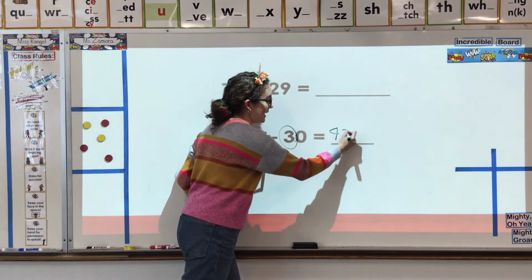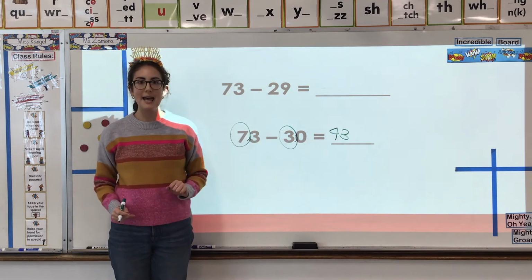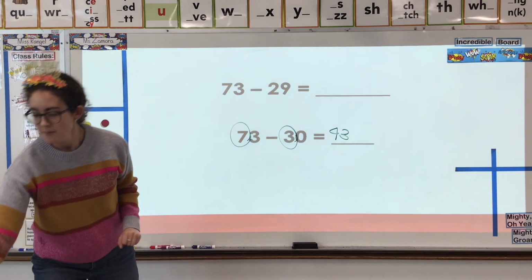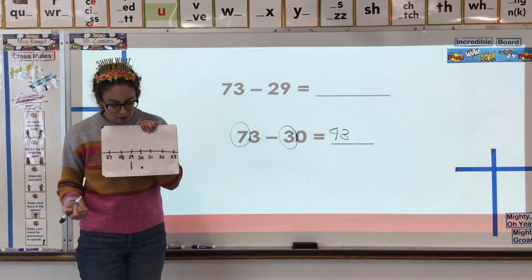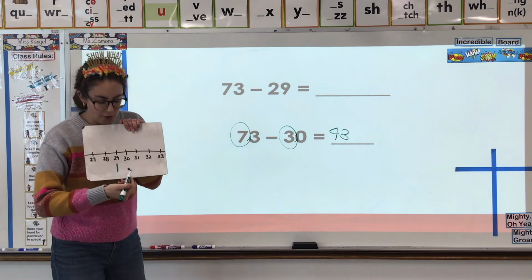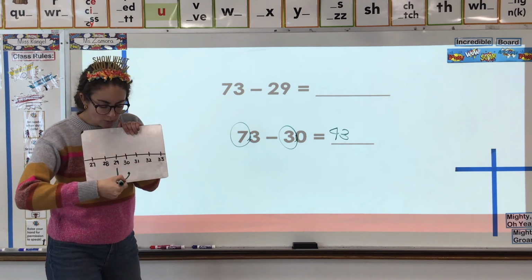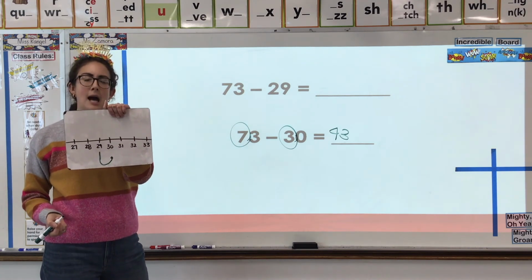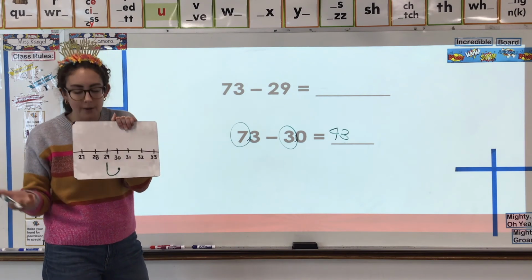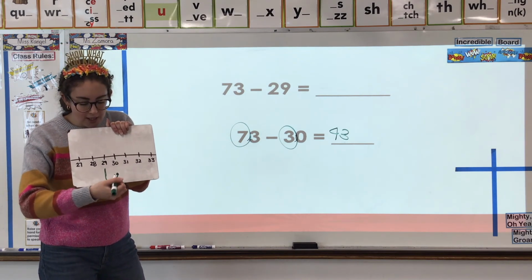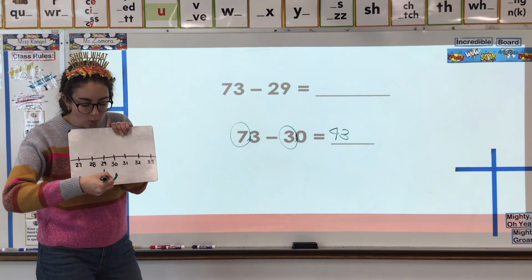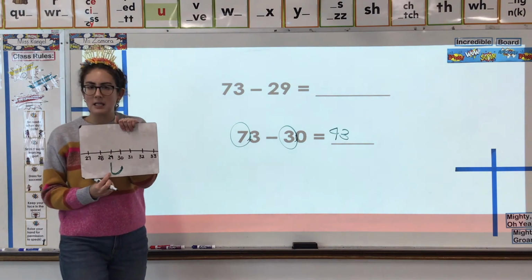That was 43. We have 4 tens. Good job. But second grade, we subtracted 30, but we only wanted to subtract 29. So we went too far. We subtracted 30, but we actually only want to take away 29.